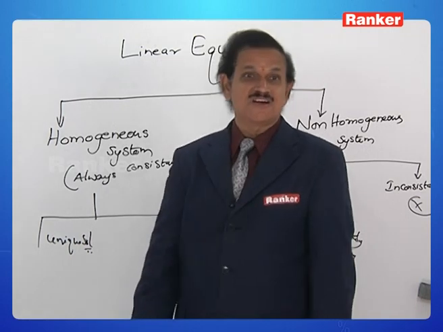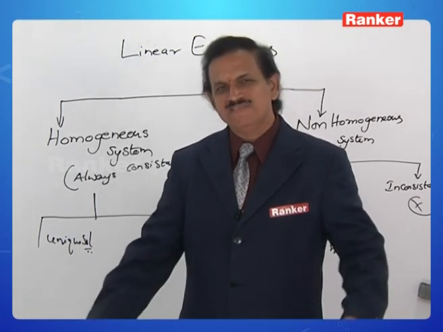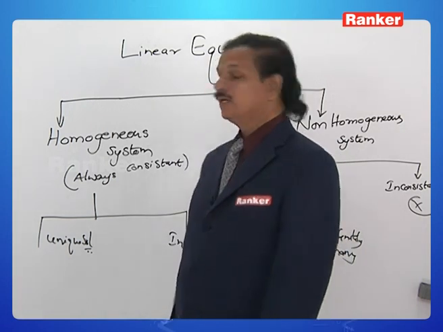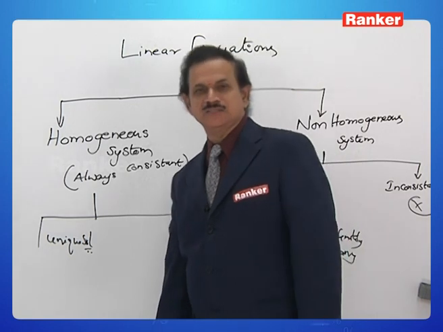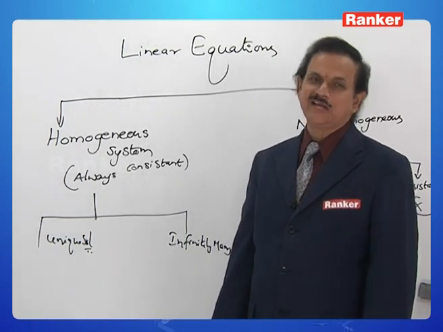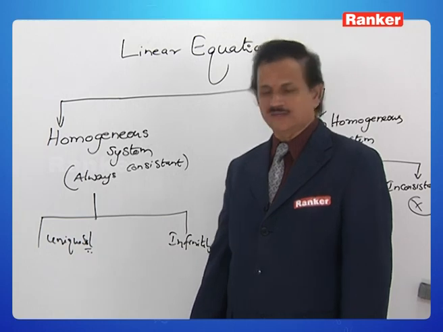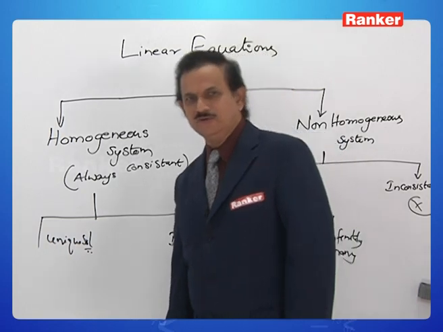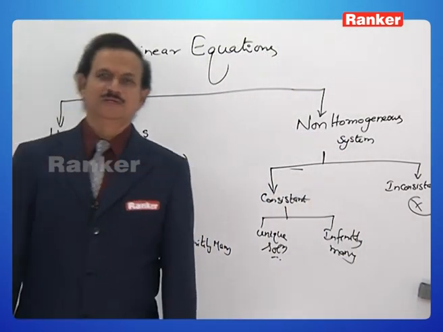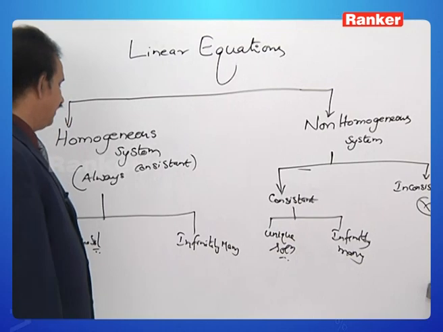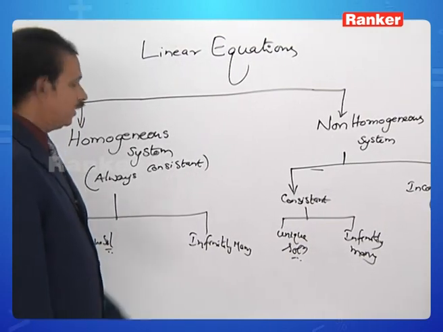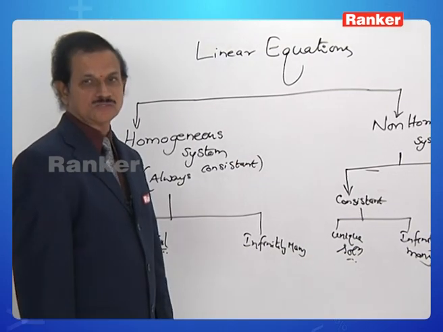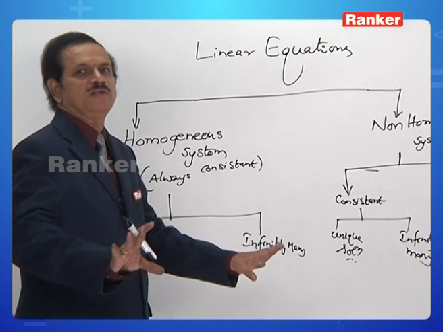That is also called a trivial solution or obvious solution. And we may have to check whether it has another non-zero solution or not. If at all it has a non-zero solution, there will be infinitely many solutions. When can you decide that there is a unique solution? When can you decide that there are infinitely many solutions? We may have to learn this very carefully.